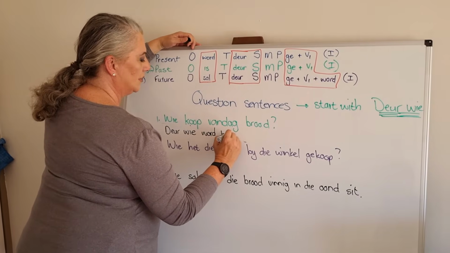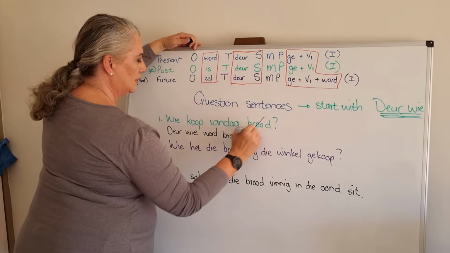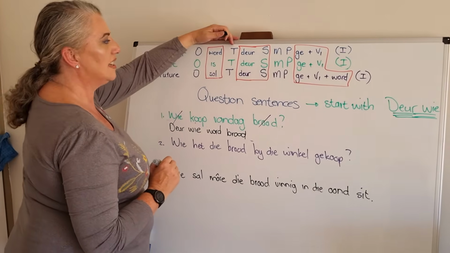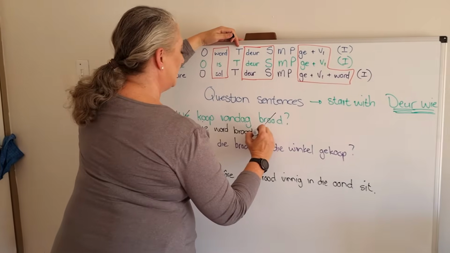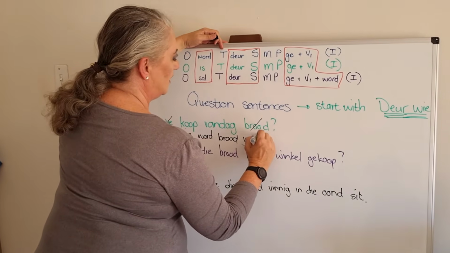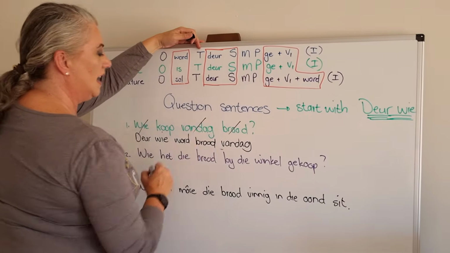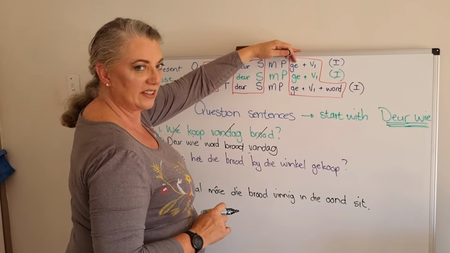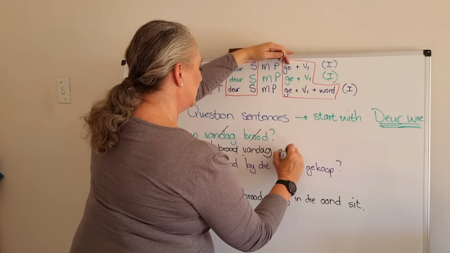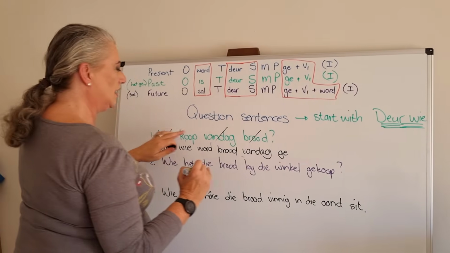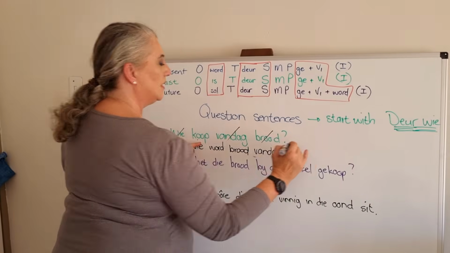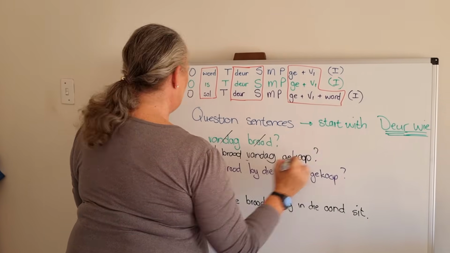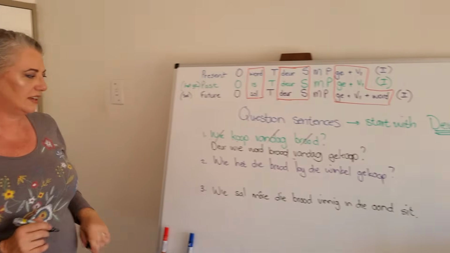Brood. What comes next? Time. Vandag. Is there anything else? No. So what do we have to add? Ge, plus the verb. What is my verb? Koop. There we go. We have the sentence.